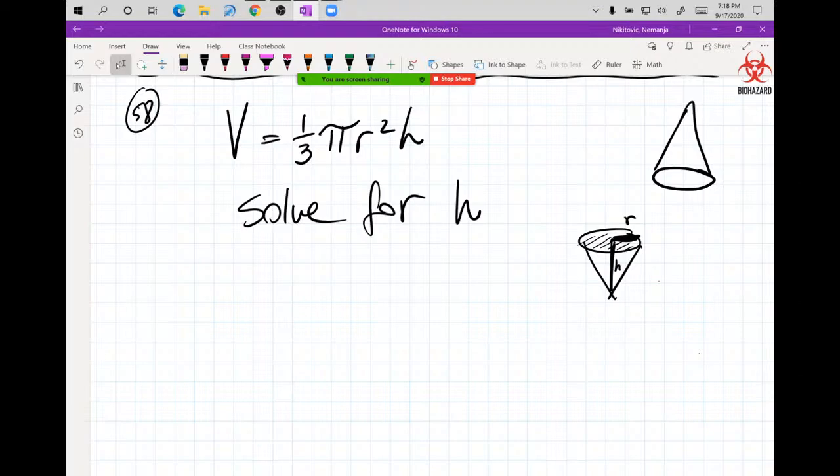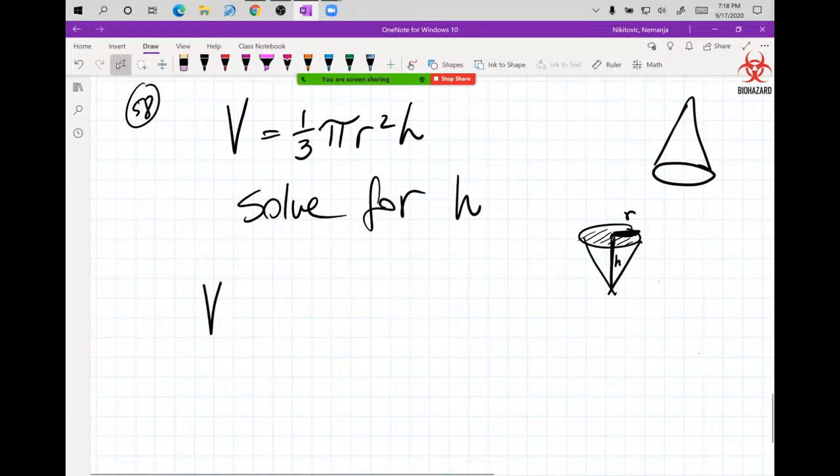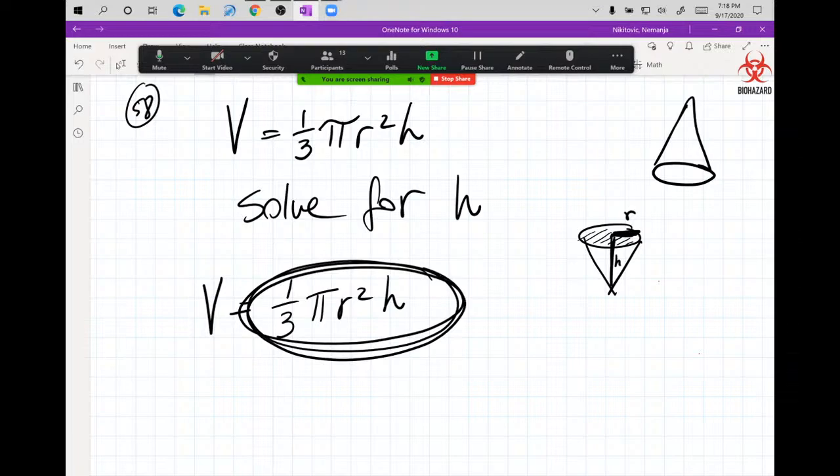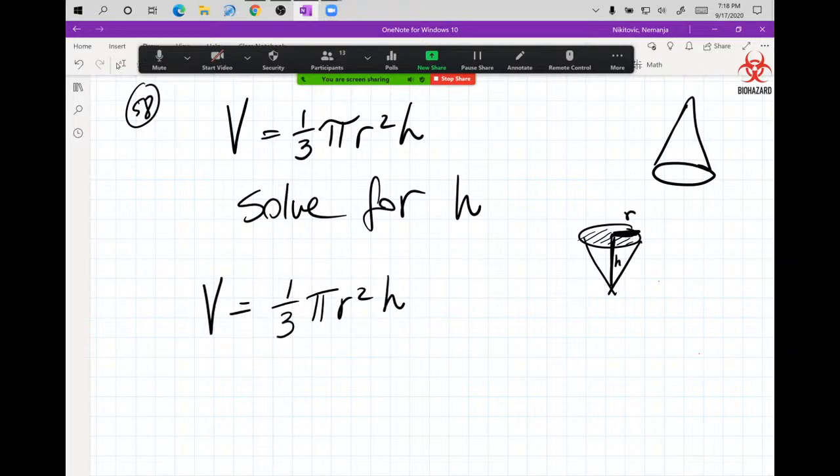All right. So, what would be the first step? What do you think? There is no addition anywhere in here, so we can't use subtraction. All of these are times, times, times.